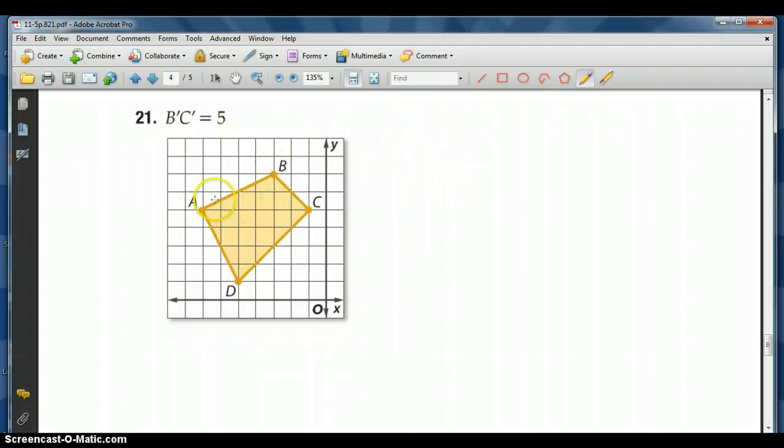Okay, so to find the area of this next figure, I'm going to split it up into 2 triangles. Triangle ABC has a base of 6 and a height right here of 2.